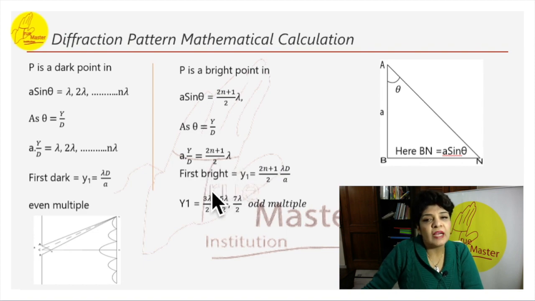So the first bright fringe formed, keeping y on one side, is y1 equal to lambda comes down, d from the denominator goes up, so lambda d by a. So it's an odd multiple. What answer do we get? We get 3 lambda by 2, 5 lambda by 2, 7 lambda by 2. So the bright fringe is formed in the odd multiples, and the even multiples have the dark points.